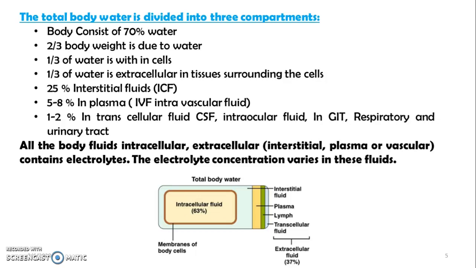Two-thirds of water is within the cells, one-third of water is extracellular in tissue surrounding the cells, 25% of interstitial fluids, and 5 to 8% in plasma, that is intravascular fluids, while 1 to 2% is in transcellular fluids, that is cerebrospinal fluid, intraocular fluid, GIT, respiratory and urinary tract.